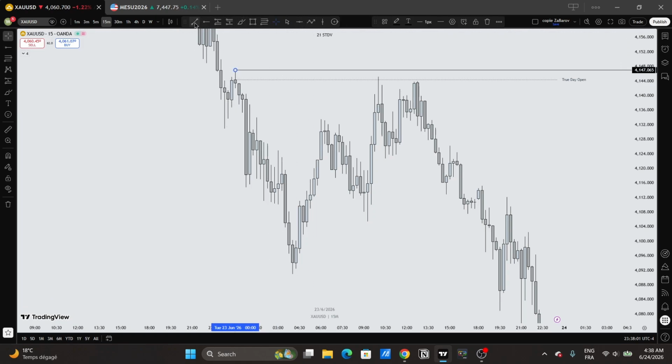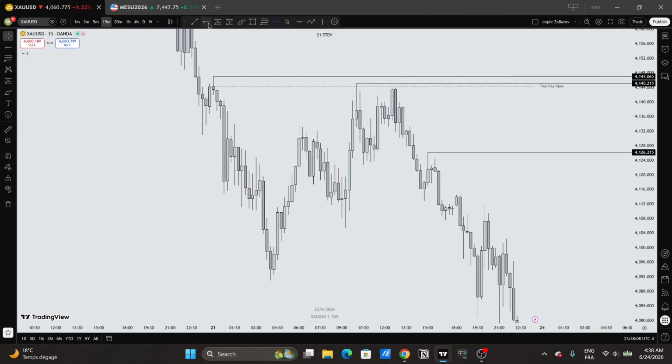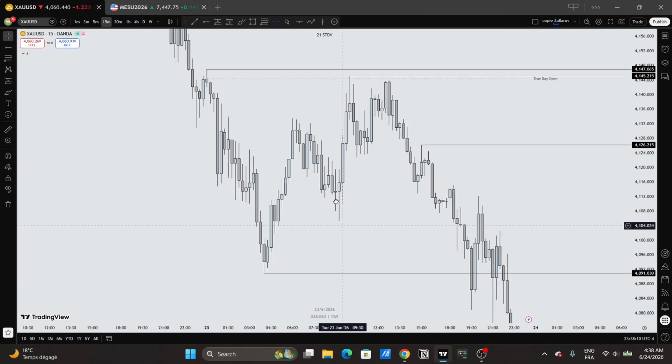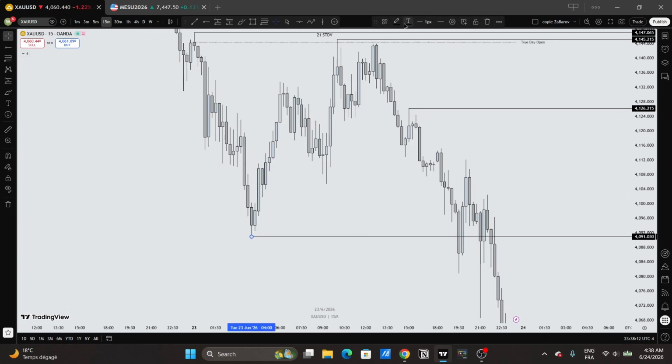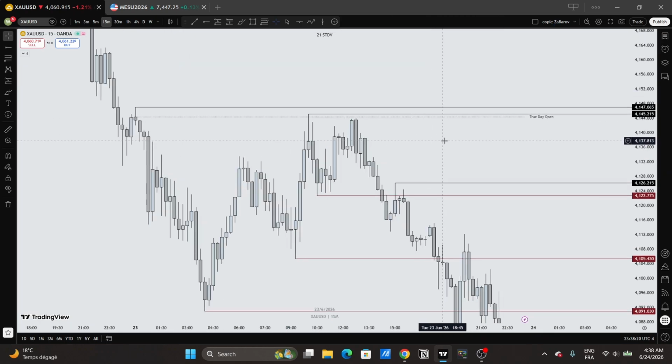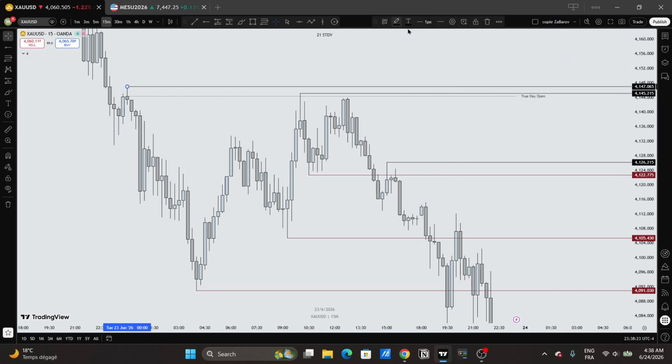This is 1, this is 2, and this is 3. And for the sell side, let's make this another color, and then let's mark these ones with the blue color.